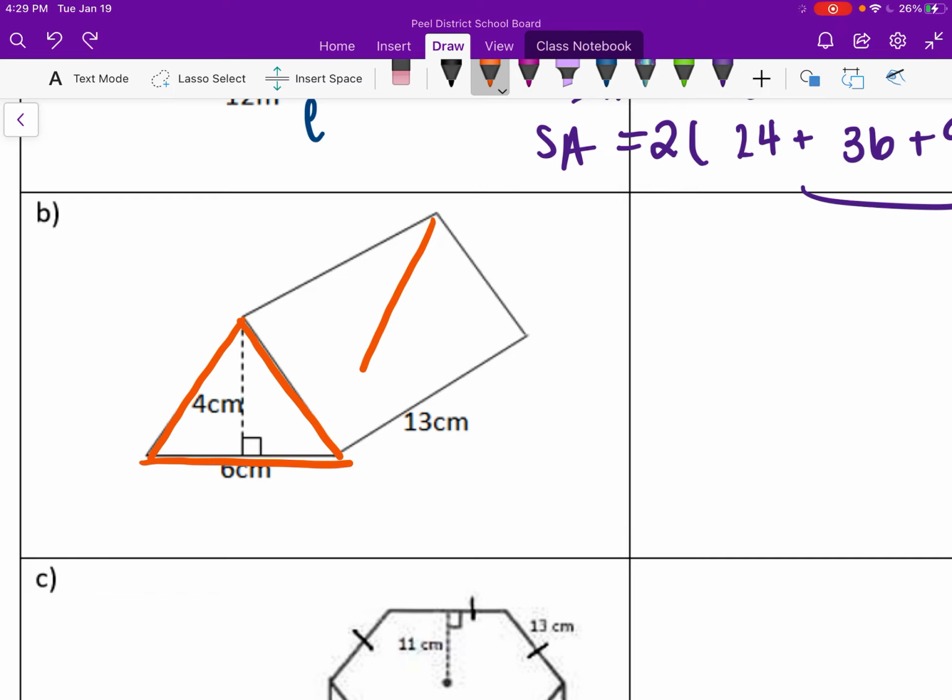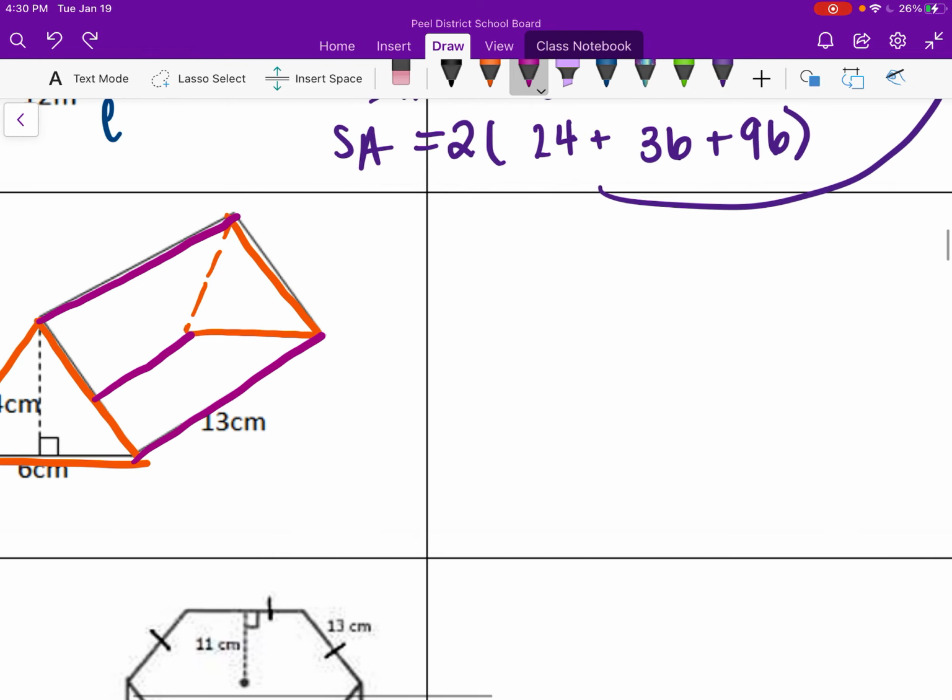Oops, this is not a really ugly triangle. So I have 2 triangles that are connected by this rectangle on this side. I've got another rectangle doing the same thing on the other side, right? And then I have this rectangle at the bottom, right?